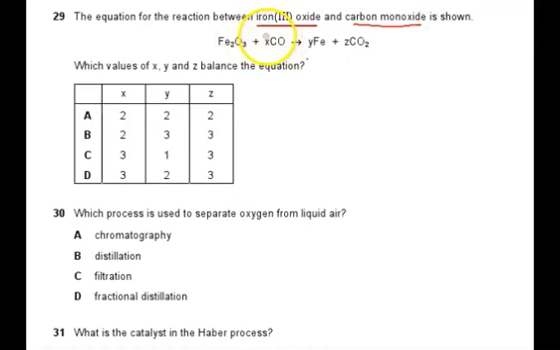So let's say we put here 3 and calcium, carbon will become 3, and here we make it equal first. Y is 2. So here we will have an oxygen number of 6, and here we'll be getting 6. So yes, this is your answer. 29 is D.